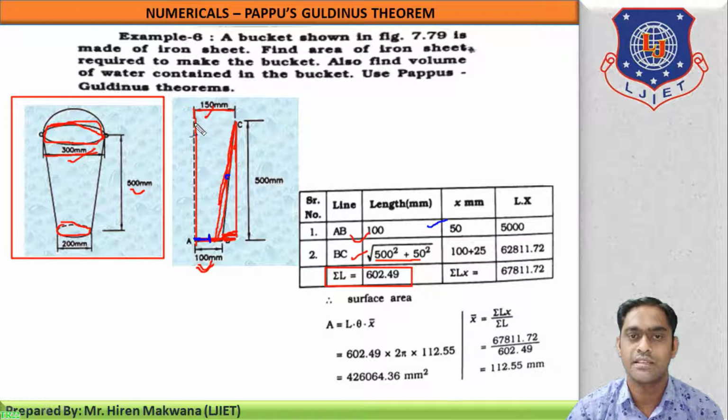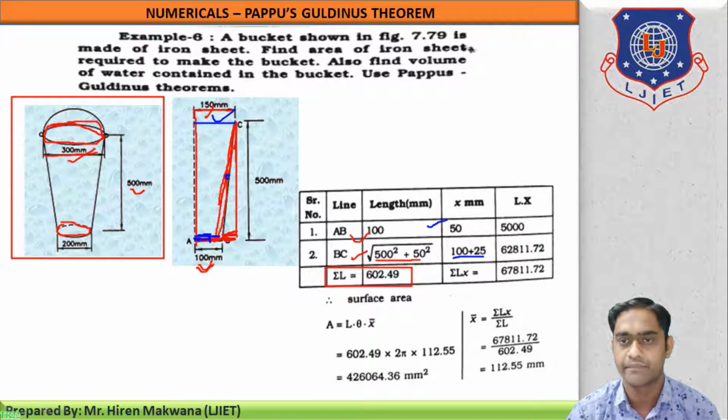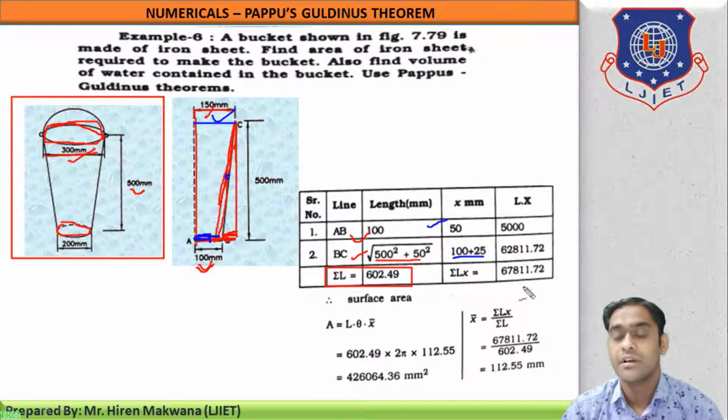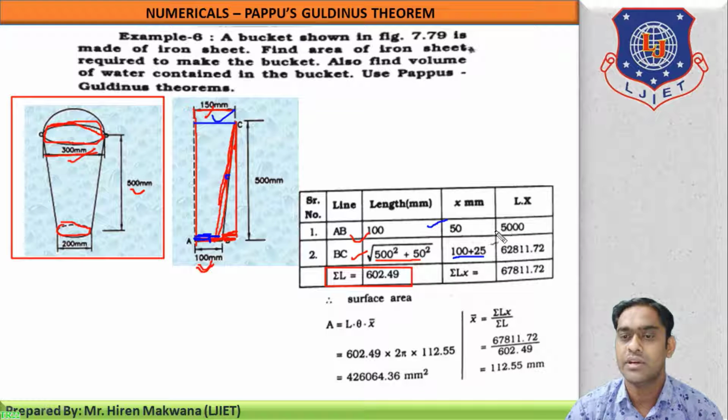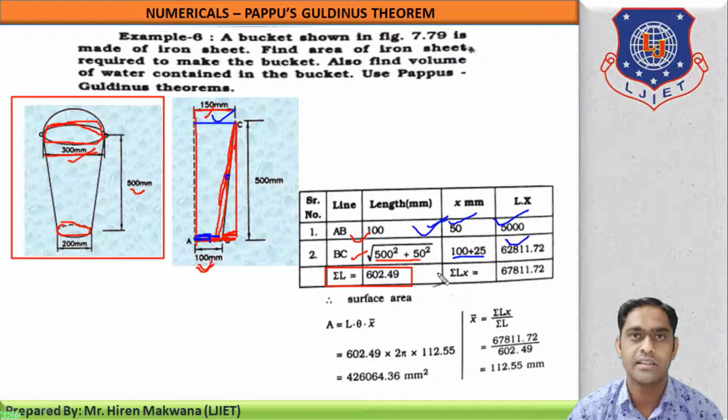From the rotational axis, point C is at 150 mm, and point B is at 100 mm. So by averaging, 150 plus 100 by 2, you will get 100 plus 25, that is 125. Now, you will have to multiply length into x. So here it is L1x1, here it is L2x2. If there is some mistake in this table, then you can calculate it yourself according to the method.